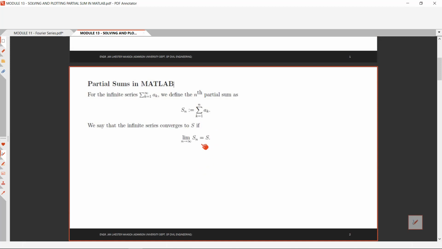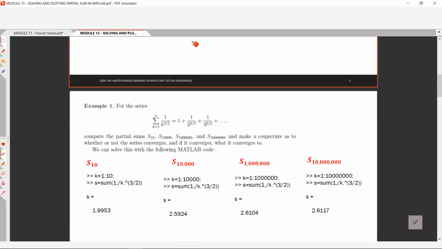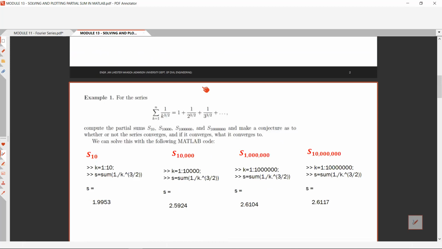That is why we can check whether an infinite series is converging or diverging using these partial sums in Matlab. Let's try an example for the series of 1 over k raised to 3 halves from k equals 1 to n.